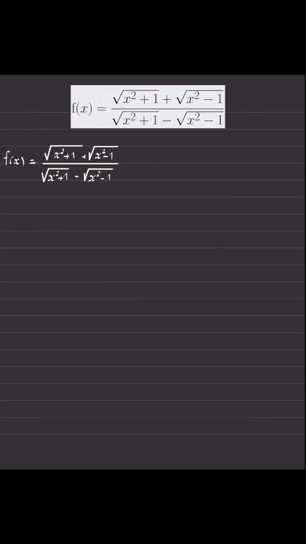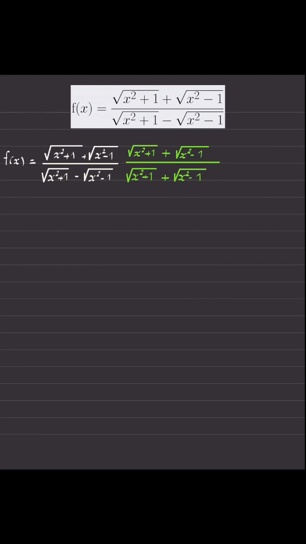But now I rescale my fraction by the conjugate of the denominator, which will be square root of x squared plus 1 plus square root of x squared minus 1, divided by the same expression, square root of x squared plus 1 plus square root of x squared minus 1.